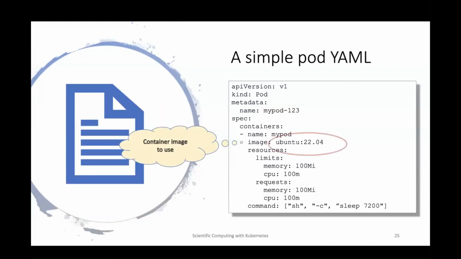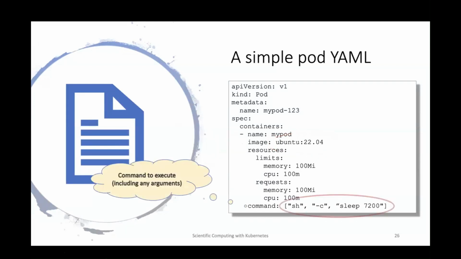Another thing you will have to pick is the container image. Like I said, unless you have a very, let's say, weird Kubernetes configuration, there is no default. You need to pick the image you want to use. And finally, you have to pick the command you want to run. As you see, you can essentially provide the command line separated in pieces, and it will be executed inside this container.